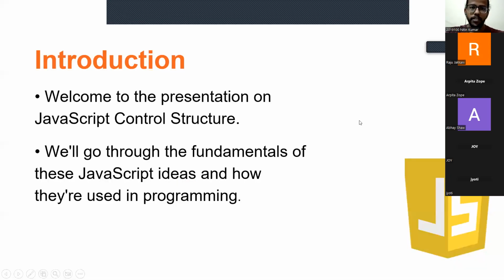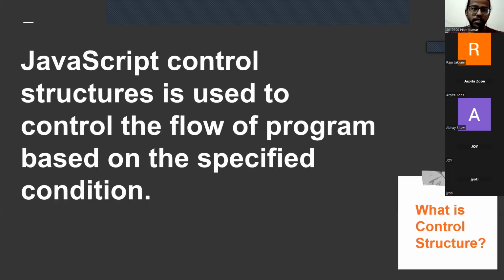So we'll start with the introduction. In this presentation, we will go through the fundamentals of JavaScript and the JavaScript control structure and how they are used in programming to make the code effective and reliable. So first of all, we will see what is JavaScript control structure. It is used to control the flow of the program based on specified conditions.